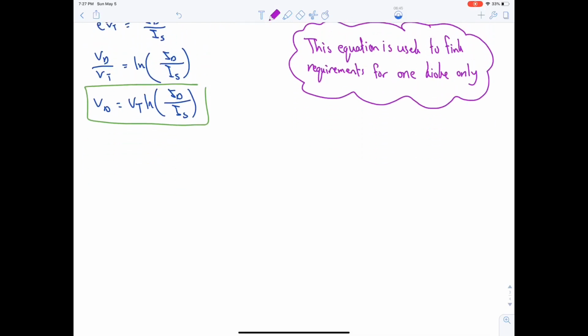If we are analyzing the operation of the diode using the forward bias region, then there are three ways of analysis.